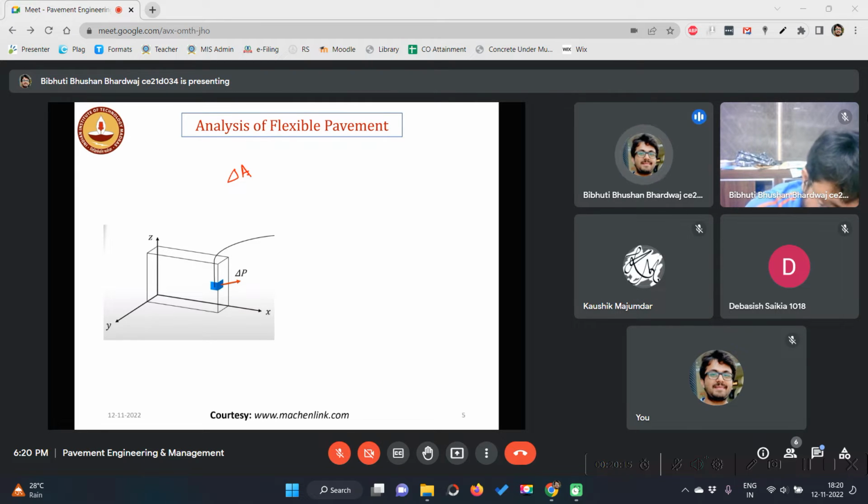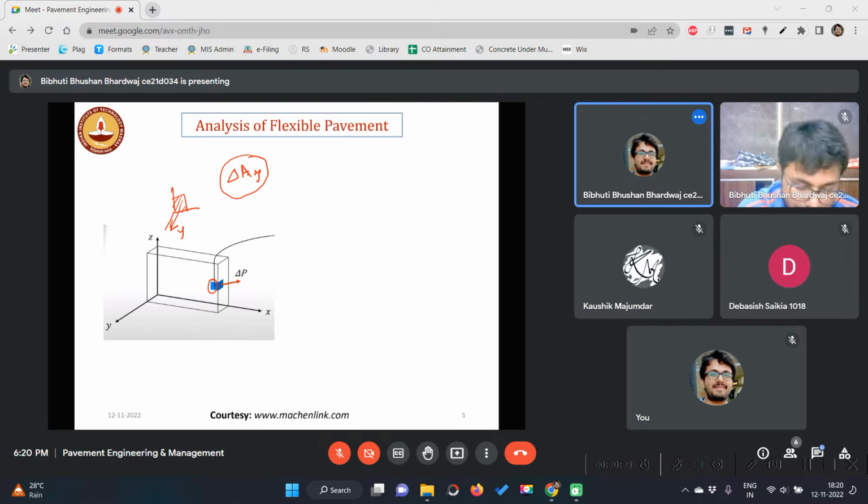Think. No, let's go step by step. First, I am asking what will be the direction of the area. See, this is my surface in this case. The surface is on the zx plane, so its normal is in the y direction. So my area will be delta Ay.